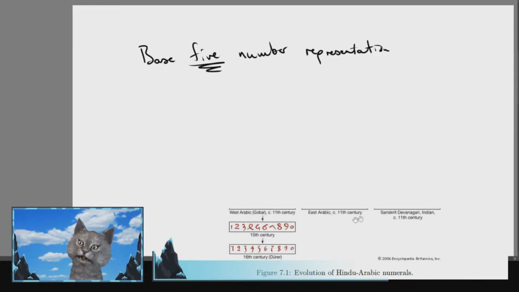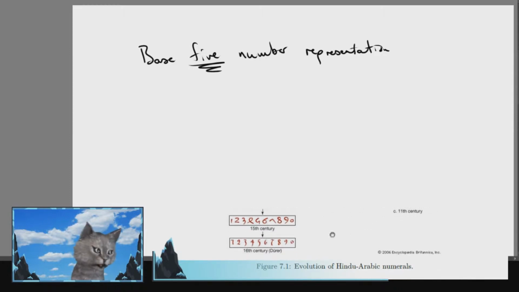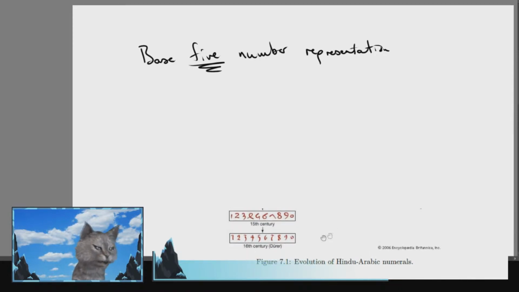But it doesn't change the quantity that it's trying to represent. So to not get too confusing, we will stick to our familiar representations and symbols. But to emphasize what these symbols are actually doing in a number representation, we are going to count in fives instead of our usual 10.